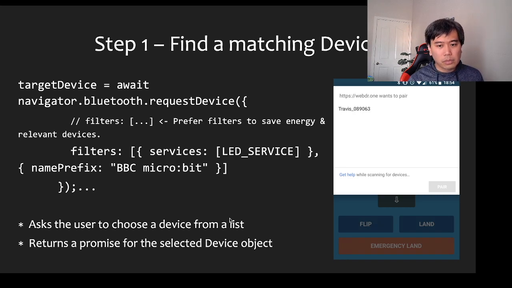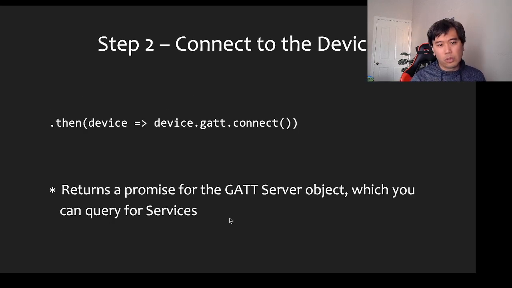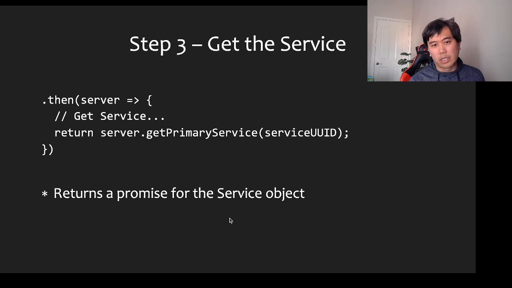And then step 2, you would use device.gatt.connect. Once you're connected, you get the service, and so you need to know the service UUID. It's a constant value depending on what device you're connecting to.